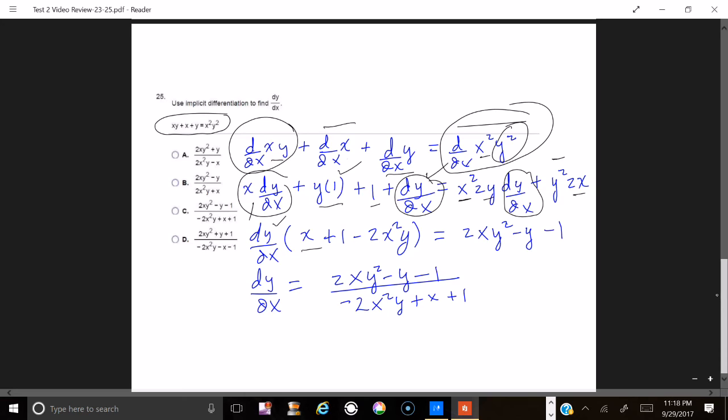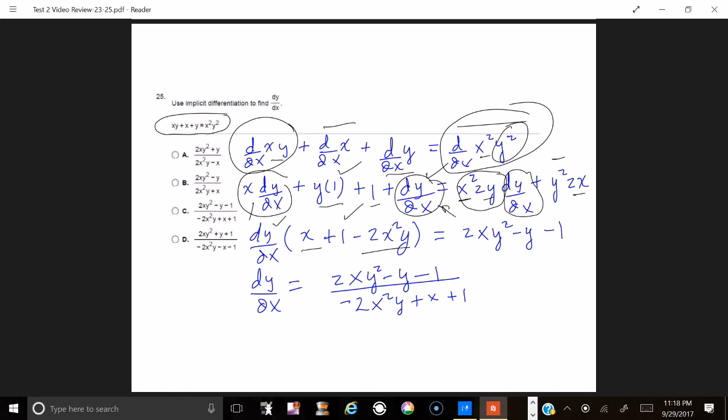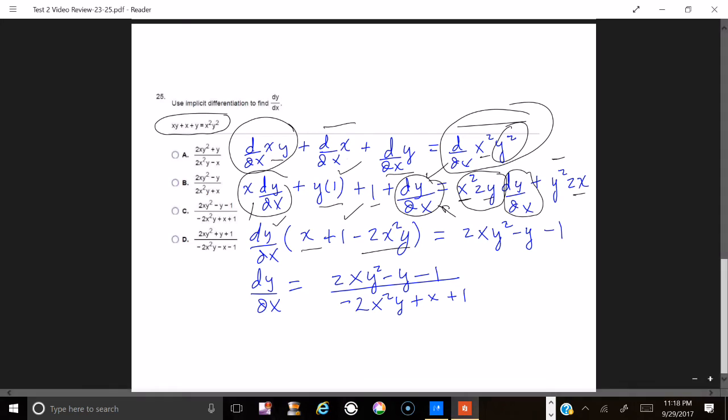We're left with 1 after we factor dy/dx out of itself, and then we're left with minus 2x squared y, which is what we get if we factor dy/dx out of that. And of course it becomes negative as we take it over on the left hand side. Then that is equal to what we have left, 2xy squared, which is this term.